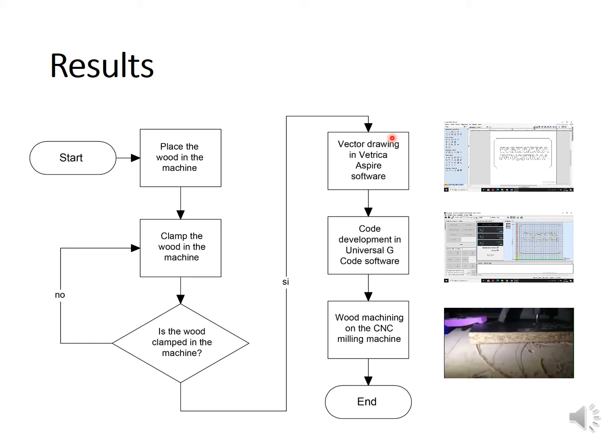The first step in the software is to generate a vector drawing using the software Vectric, and then the G-code of the workpiece using universal G-code software. And the last step, before starting milling, is to verify the machine zero.